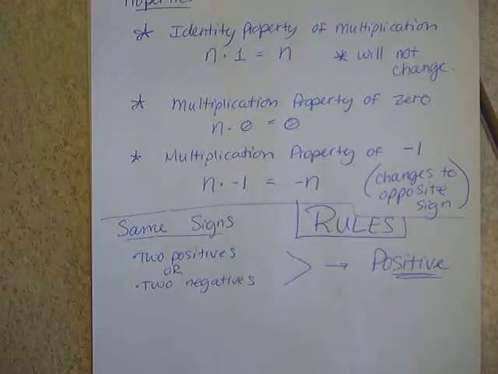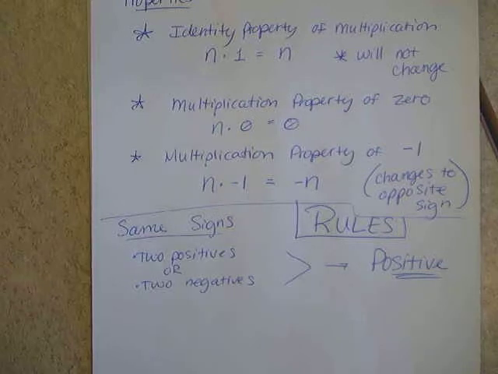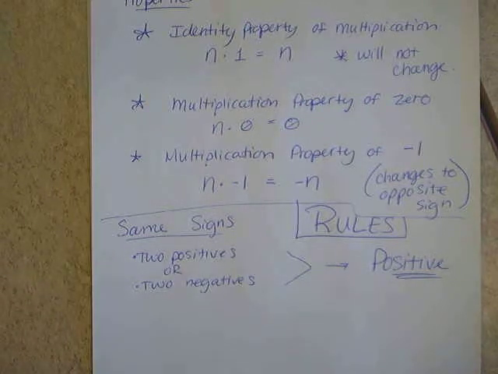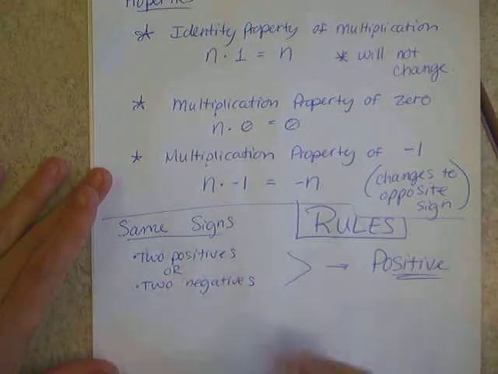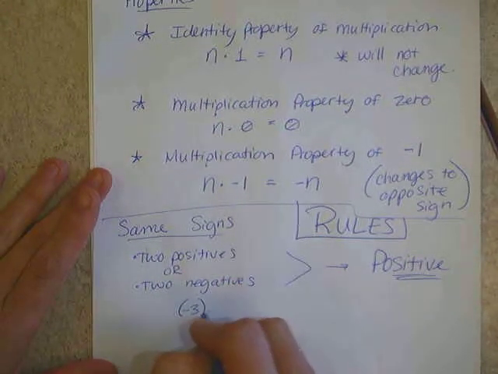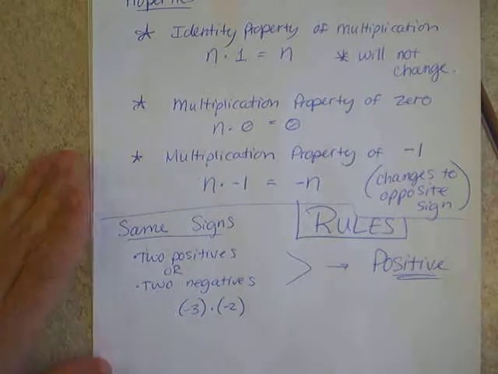So if your signs are the same, now it's weird because once you throw the negatives in there, people start messing up on 2 positives. Remember, you've been doing 2 positives from the time you learned how to multiply and divide. So 2 positives results in a positive no matter what. Okay, it's the 2 negatives that, think of 1 negative changes the other. It's kind of like the opposite.